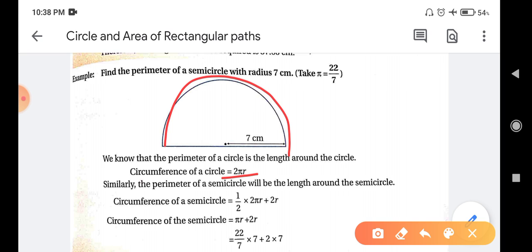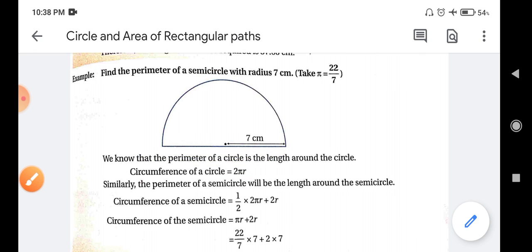Okay, this curved length, and then this straight line is left. To find the value of this straight line, this is diameter. You can see that this is diameter, and value of diameter is double of radius. Diameter is always double of radius, and radius is 7, so diameter will be 14, that is 2r.